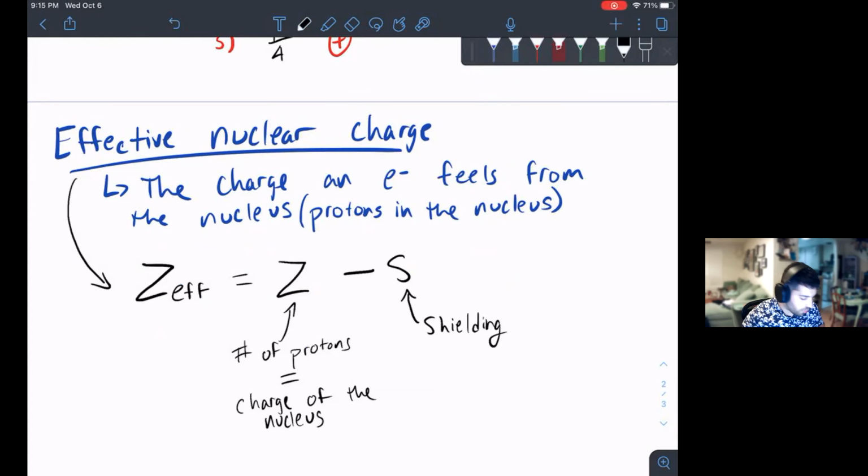They're also repelling. They're trying to push away. So shielding is more the repelling force of inner electrons.